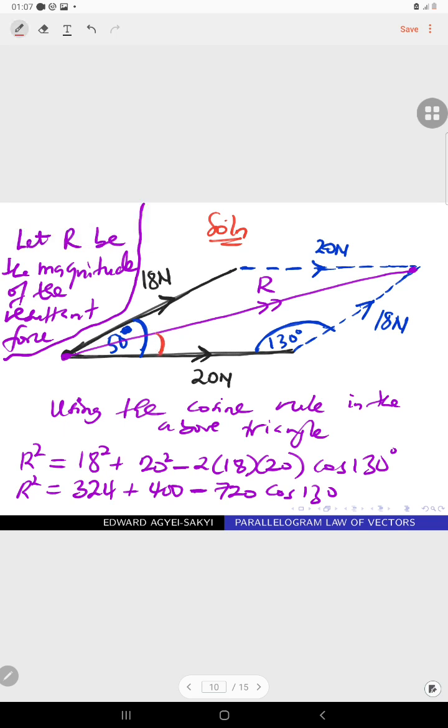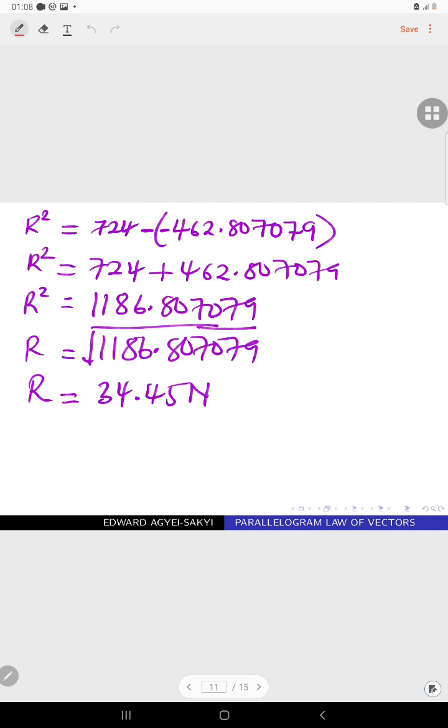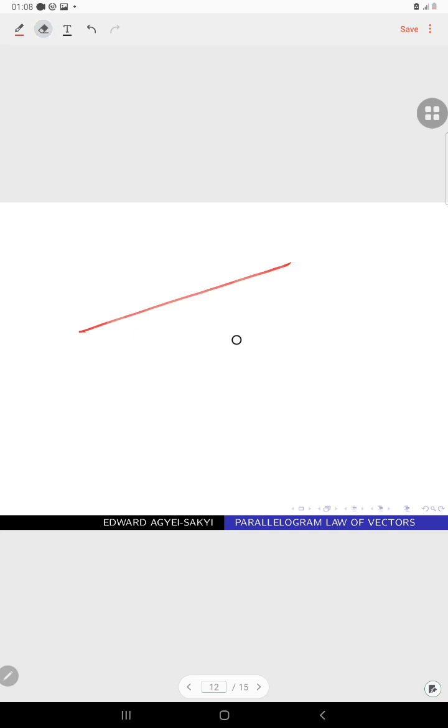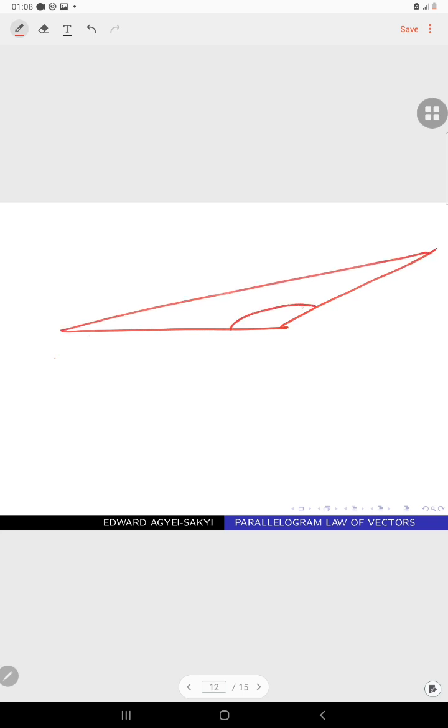This is the direction they are looking at. If I take this triangle out of it, here will be 130.